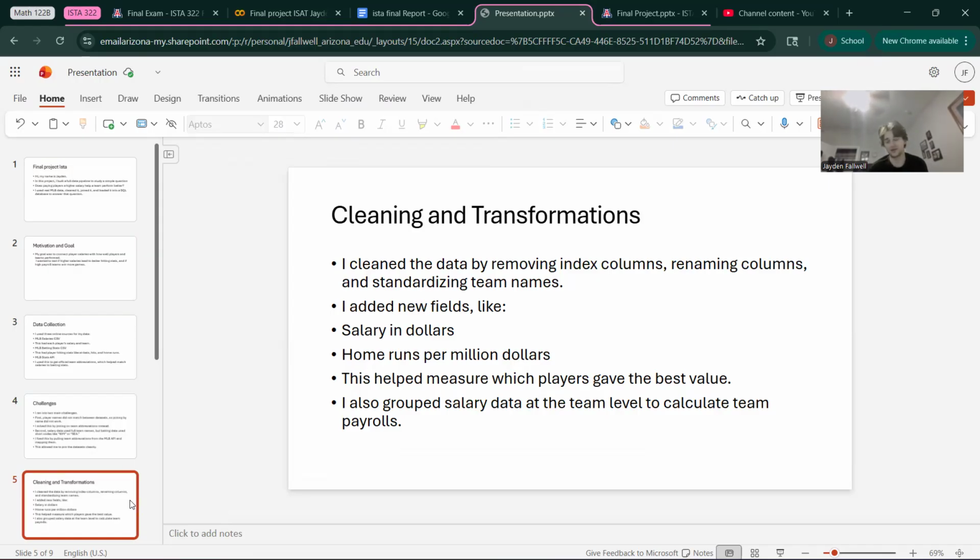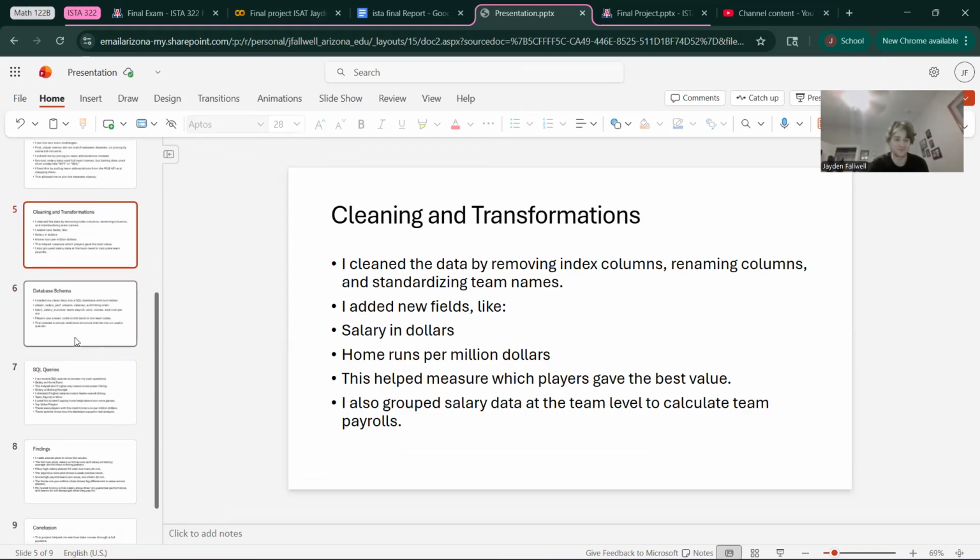So a higher salary with low home runs or low batting average means they were overpaying for that person, but if they perform better and the salary was low, then that person is getting underpaid. I also grouped salary data at the team level to calculate the team payrolls.